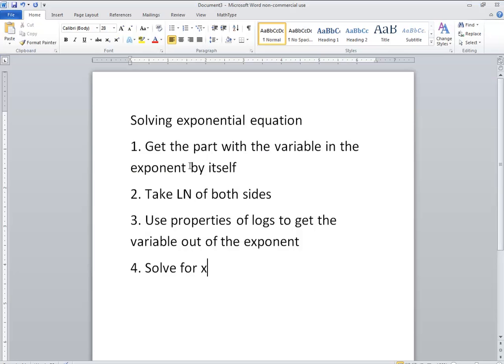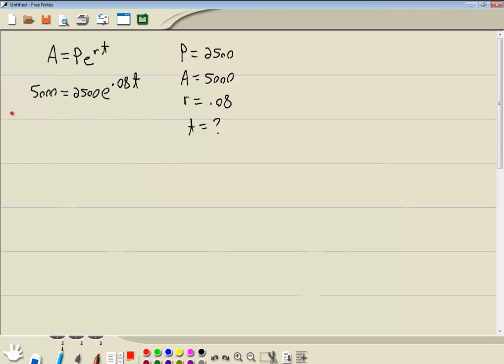Step 1, get the part with the variable in the exponent by itself. What we mean by that is we don't want anything in front of it or anything after it. And we got 2,500 in front of it, so we're going to divide both sides by 2,500. $5,000 divided by 2,500 is 2, and then those 2,500s will cancel.